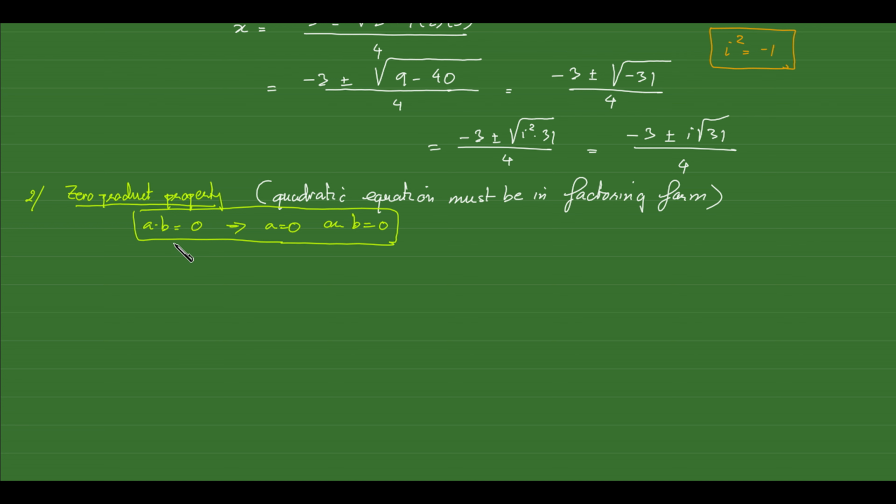All right. For example, let me do the first example. What if I have something like this: x minus 1 times x plus 3 equals 0.